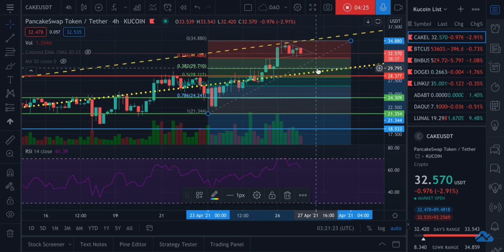I'll probably even just put the buy order in around the 38.2 and deal with losing $1. But you could probably get away with waiting for it to come here, because this is going to play such strong support.